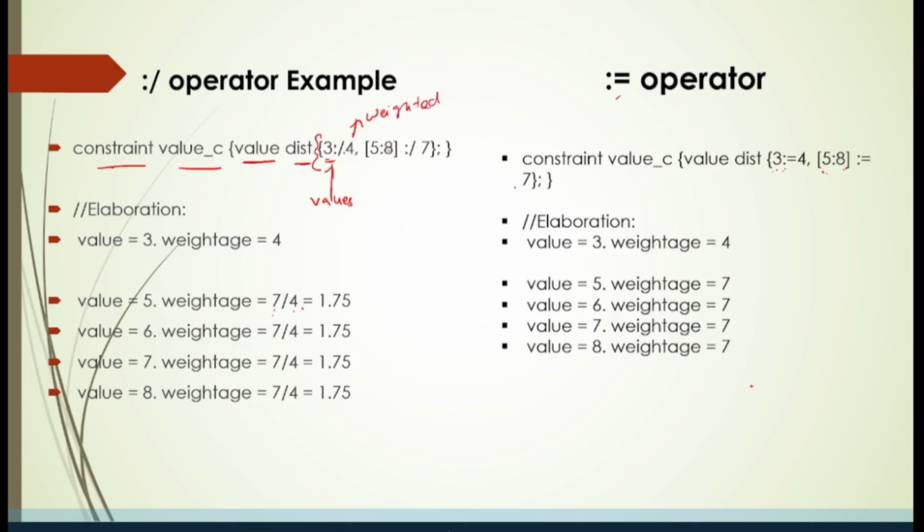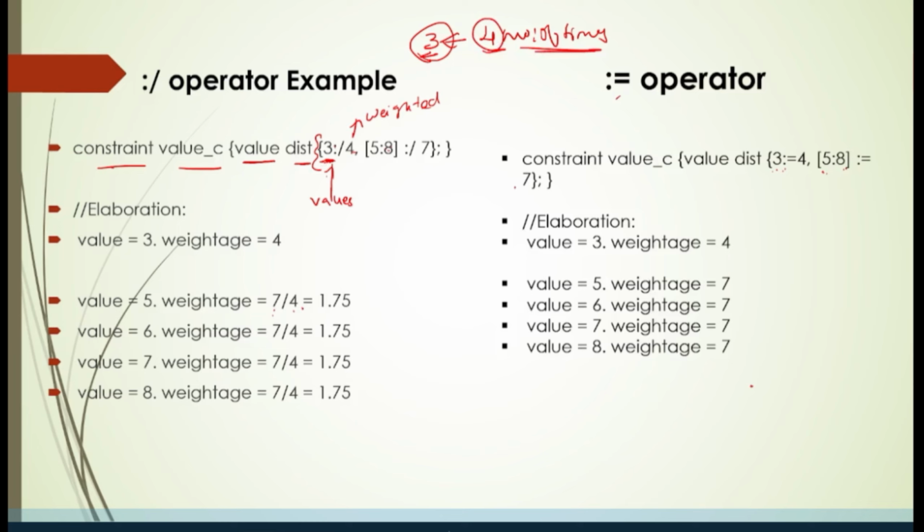That means among the values being randomized, the 3 is the value that you expect to come 4 times. 3 is the number, and 4 is the weighted distribution, the number of times it will exist during your randomization.